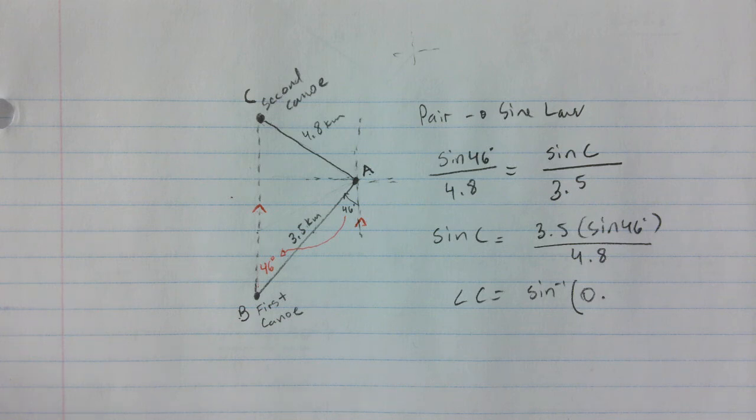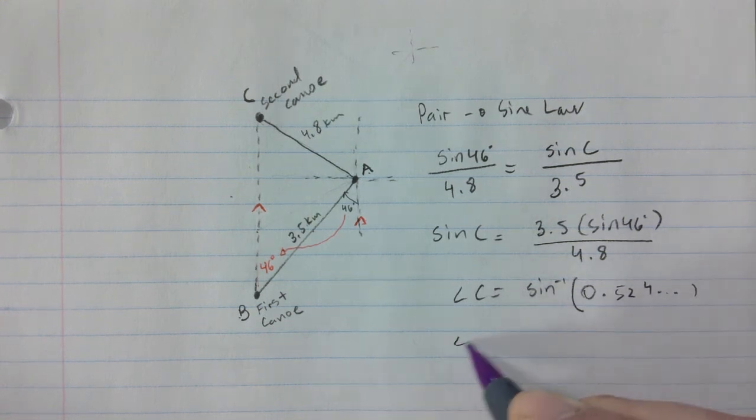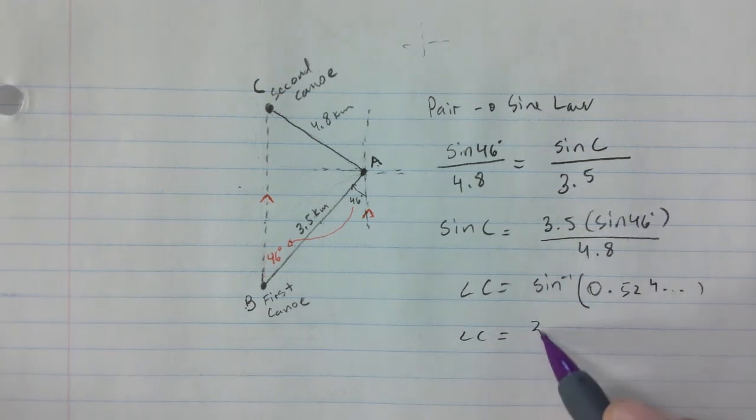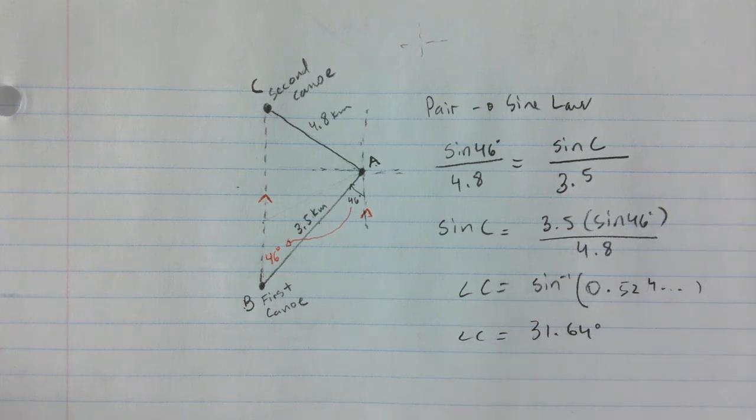And the answer key is somewhere, and I can't look for it now, so I'm just going to do it right here. Angle C is 31.64 degrees. So that's part of my answer, but it's not the final answer yet.